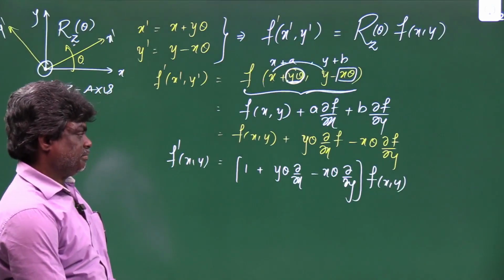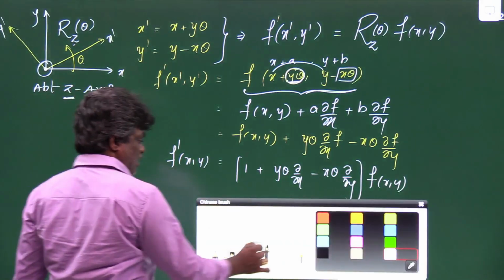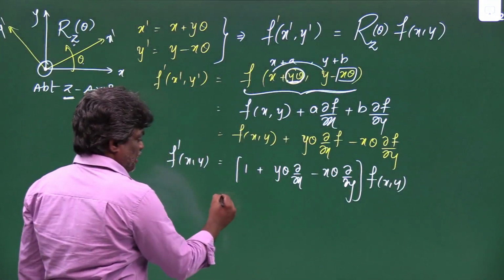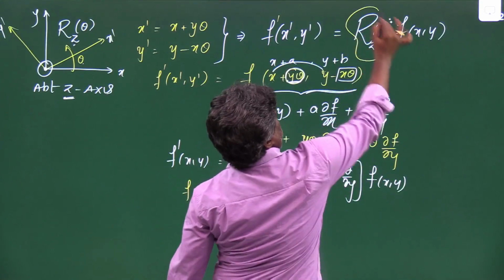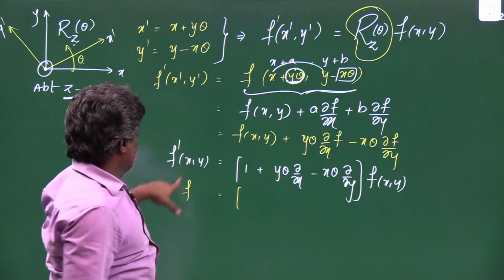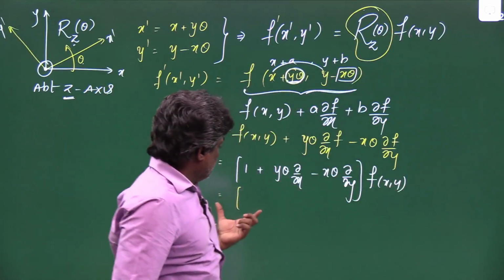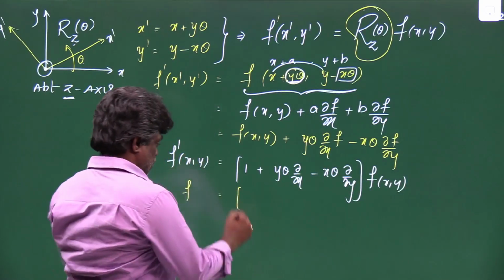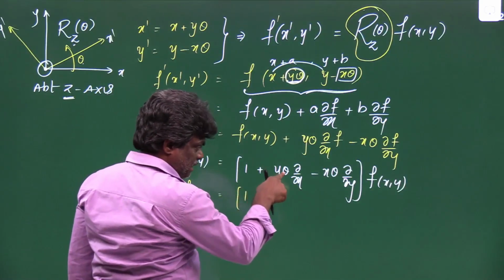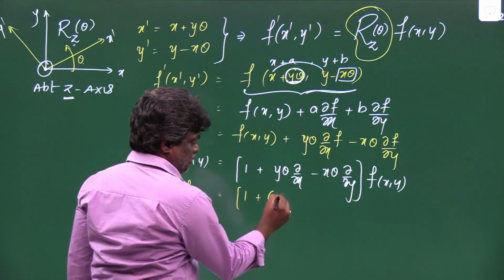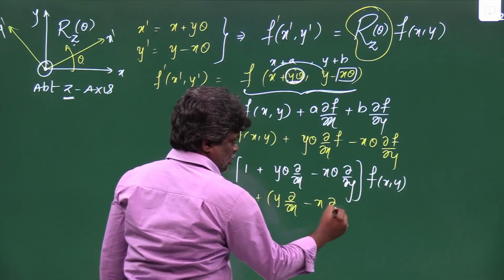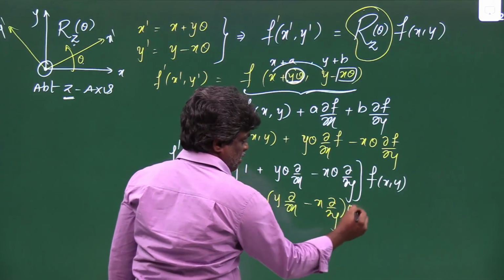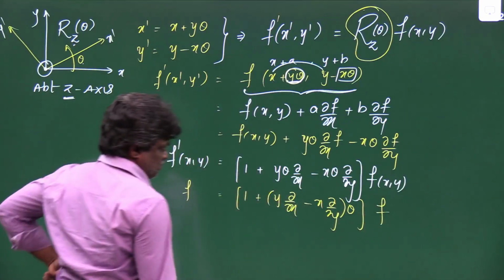Now if you carefully see, this is my new function and this is my old function. I am finding this operator: 1 plus, theta is common again, y del by del x minus x del by del y theta, f as is, f of x, y.